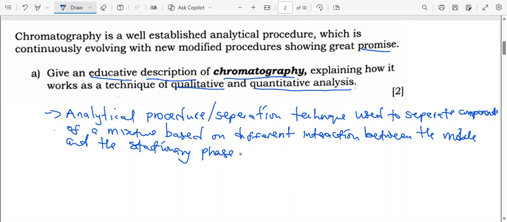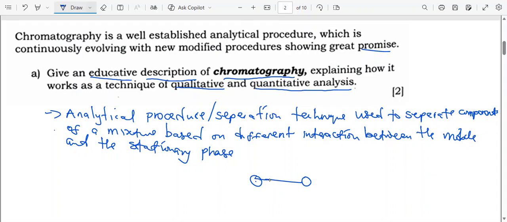Okay, and the mobile phase, I've already written the mobile phase. Okay, so that's what will make the separation occur. What I'm trying to say is, imagine a race between molecules. The molecules have to reach that point.